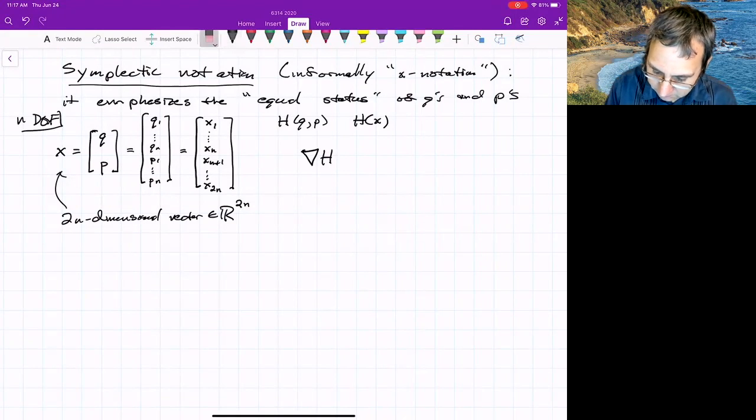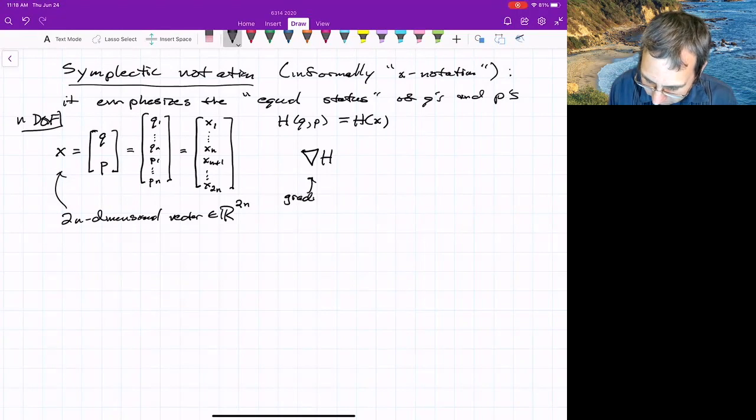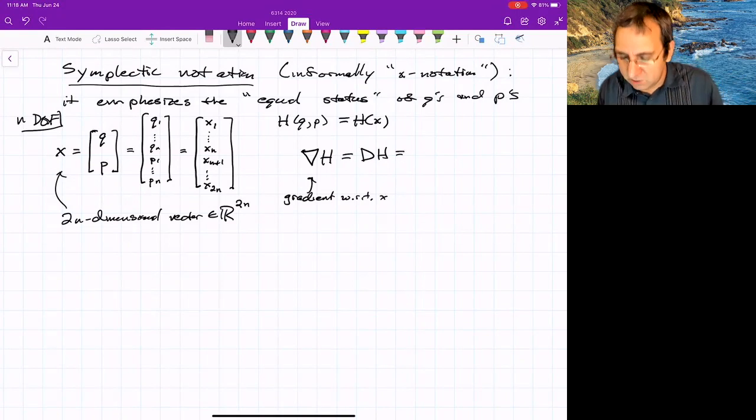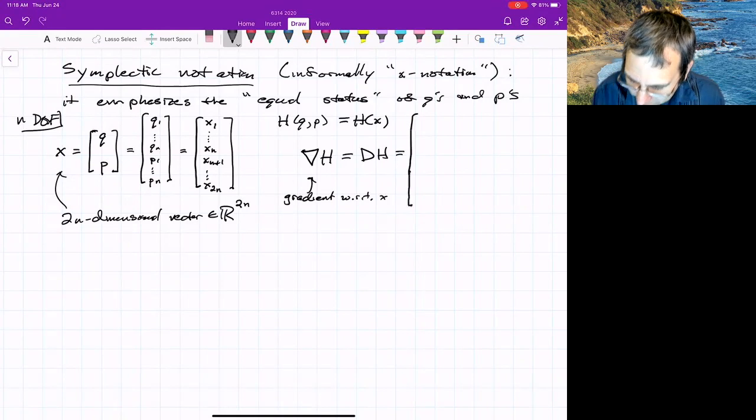So this thing appears in equality. This is the gradient with respect to the X variables. Another way that sometimes gets written is DH, but that might be confusing. Gradient of H, we know how to write the gradient, right? H is a scalar function.